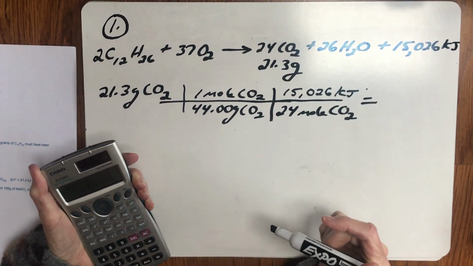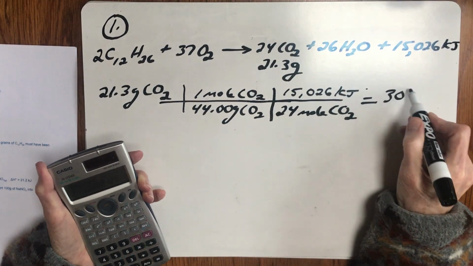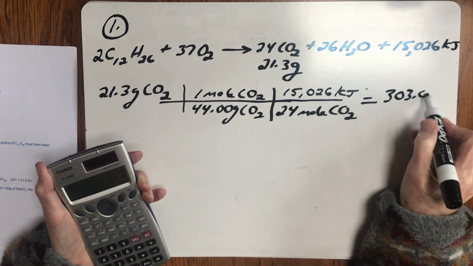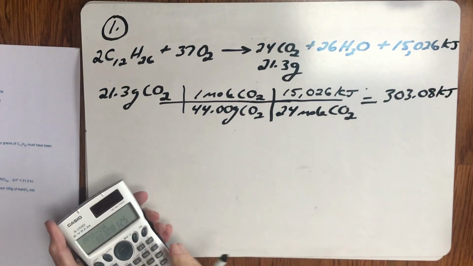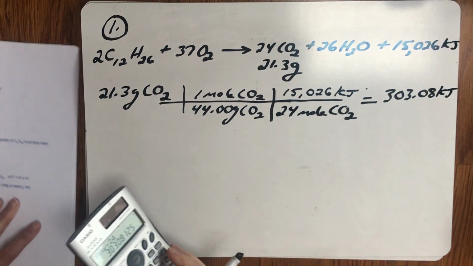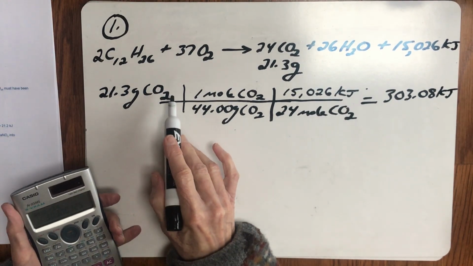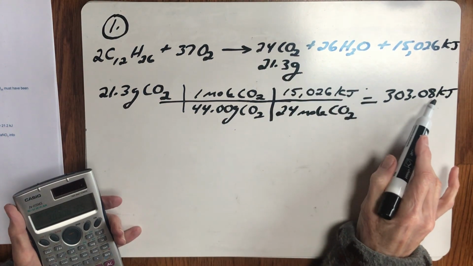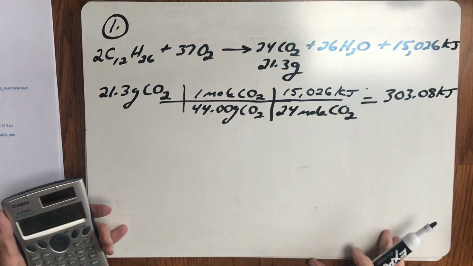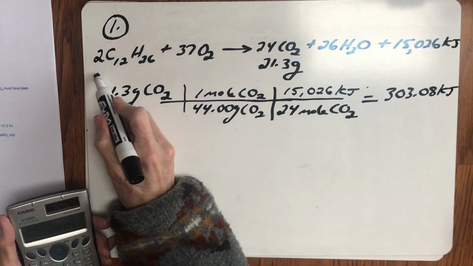And we get an answer of 303.08 kilojoules. That's it for number one. It tells us that if 21.3 grams of CO2 are produced, then that's how much energy we'll get, 303.08 kilojoules. So that's part A.